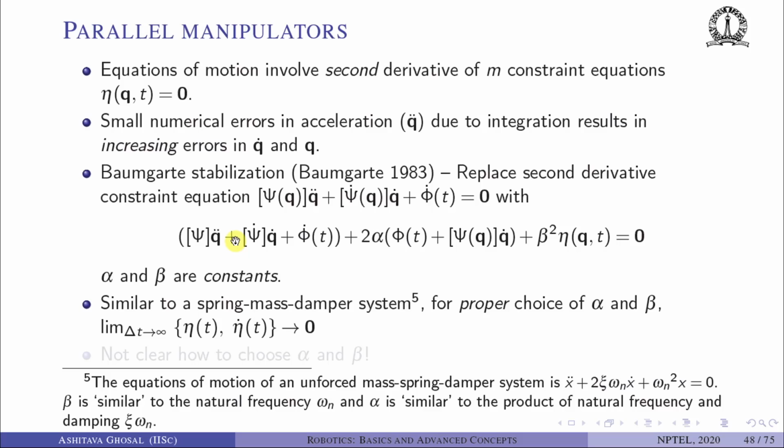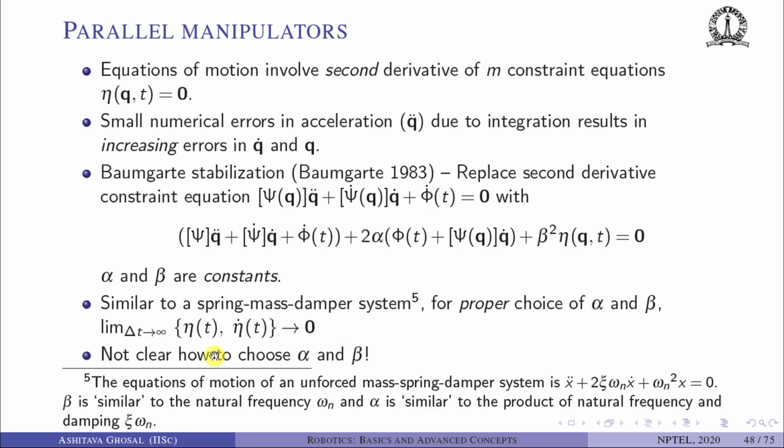Just like a spring mass damper, if you choose the damping and the spring properly, the oscillations will die down. Hence, if you use this Baumgarte stabilization, where we have chosen alpha and beta somehow, then eta will be satisfied, eta dot will also be satisfied, and eta double dot is of course satisfied, because if these two are satisfied. So similar to a spring mass damper system, exactly.